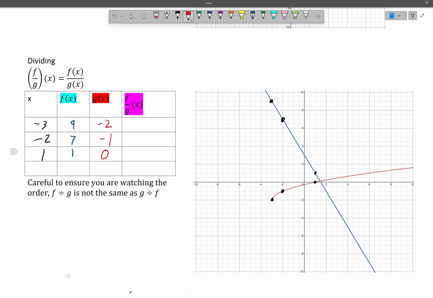Okay, so 9 over -2, and we're just going to get like a -4.5. There's nothing more to it. 7 over -1, it's just a -7. Again, nothing more to it. There's nothing we can do about that.